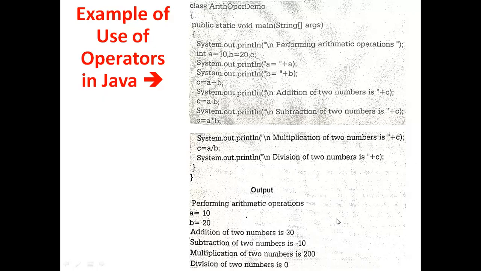Hence we can see the value of the c variable is continuously changing, and hence we have performed addition, multiplication, division, which are simple arithmetic operators in Java programming.